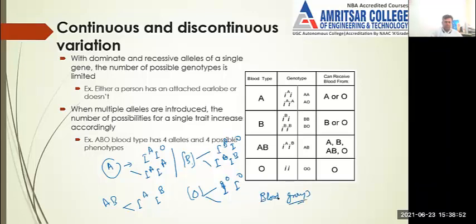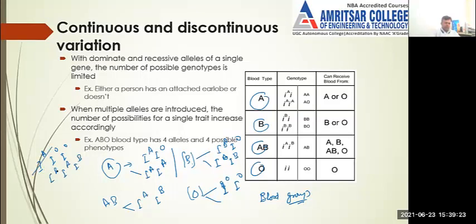Okay. So multiple alleles ensure the number of possibilities for a single trait increases accordingly. So if your blood group, how many alleles are there? Tell me how many alleles are there, beta? 4. Blood types A, B, AB, O, and they are controlled by IA, IO, IB, and IA IB.